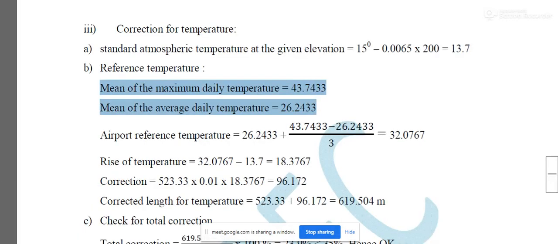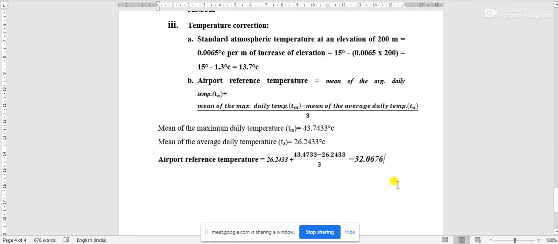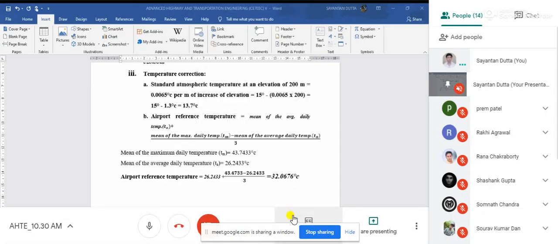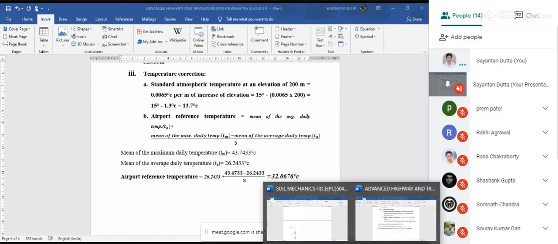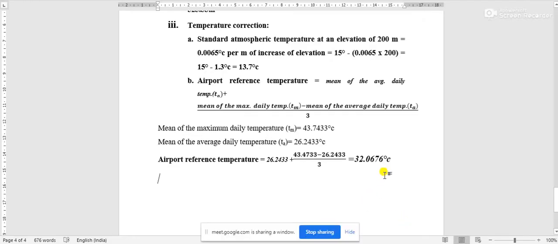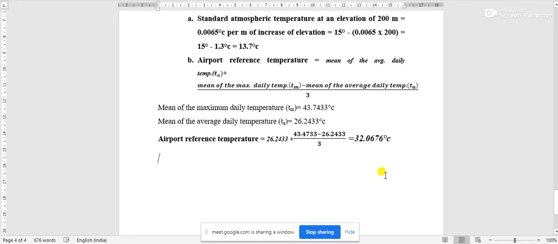You may calculate with your calculator, and if this calculation is wrong, please inform me. Airport reference temperature is this much of degrees Celsius.